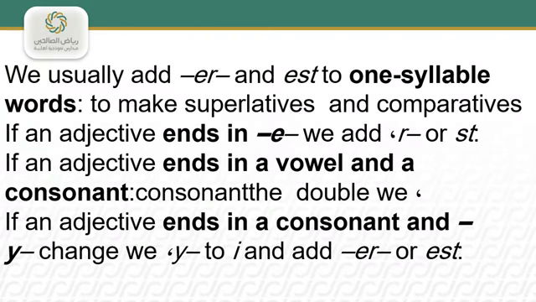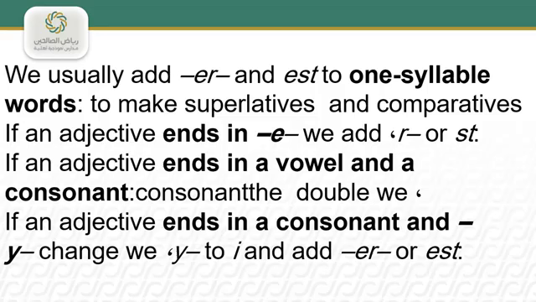We usually add er and est to one-syllable words to make comparatives and superlatives. If an adjective ends in e, we add r or st. If an adjective ends in a vowel and a consonant, we double the consonant.